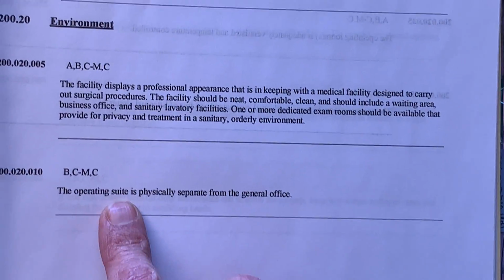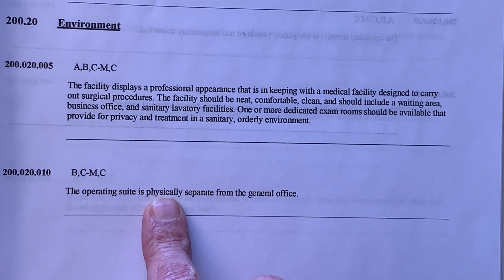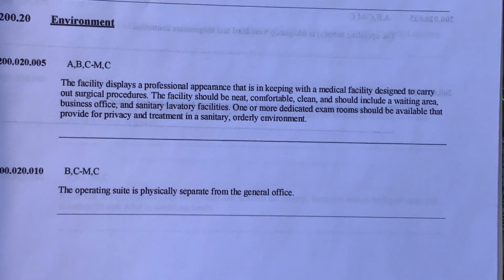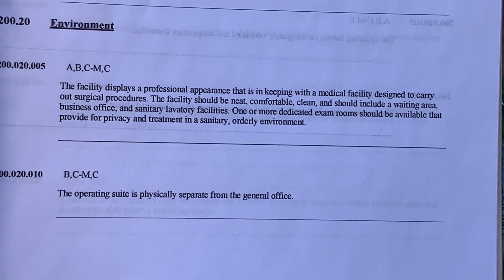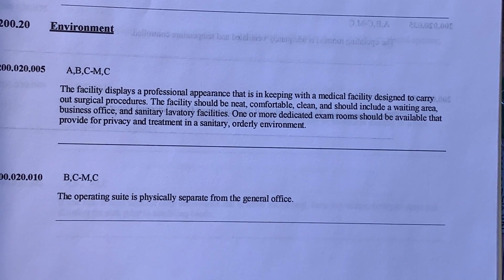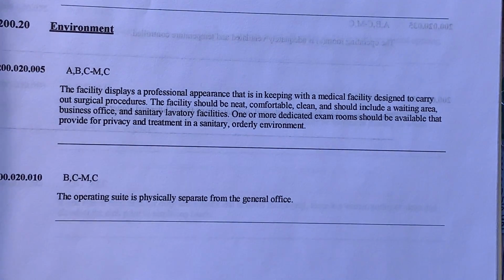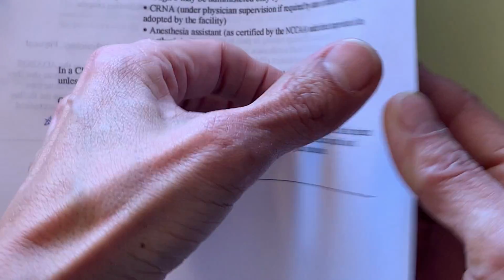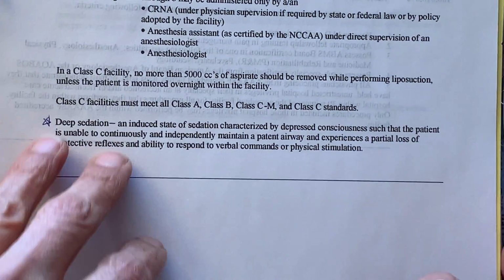The operating suite is physically separate from the general office. So you can see that Class A, which is, like I said, dental, I believe, they don't need to have a separate OR, right? But Class B, CM, or C, you need to have a separate OR. All right, so that's where that's going. Okay, so now we know what a Class C facility is.